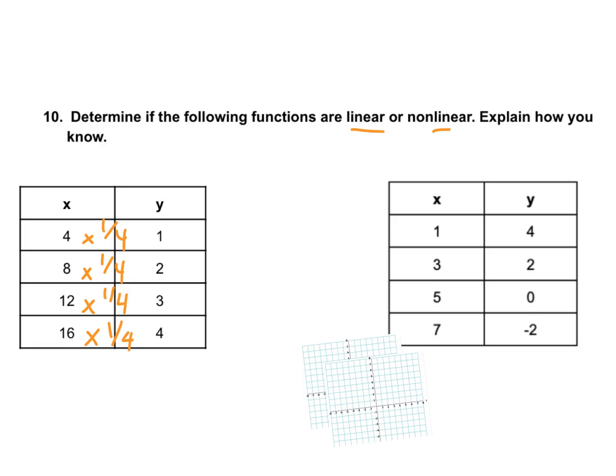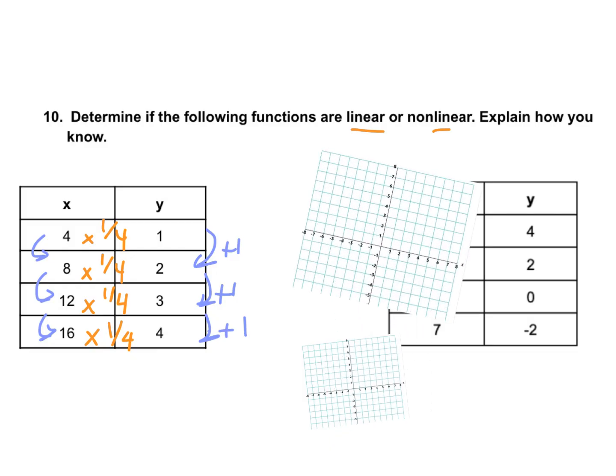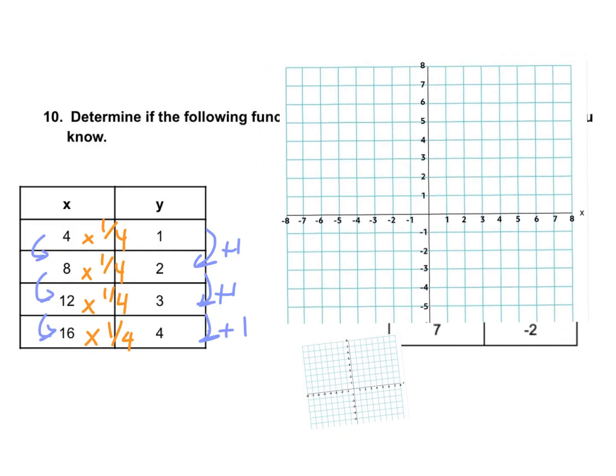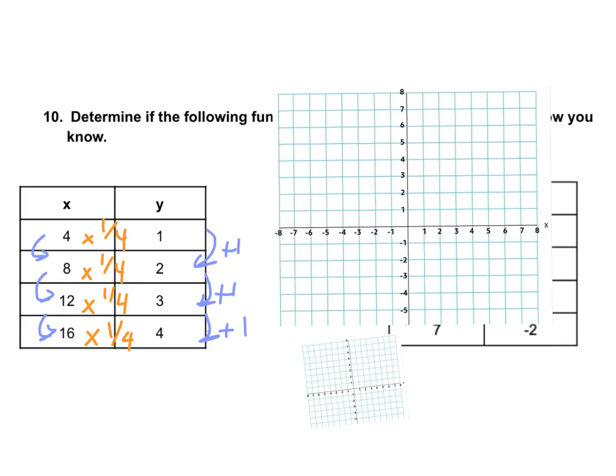In addition to that, I can see the change in y each time is adding 1, and the change in x is increasing by 4 each time. So it's consistent. Another thing I could do is put this information on a graph and see if it makes a straight line.